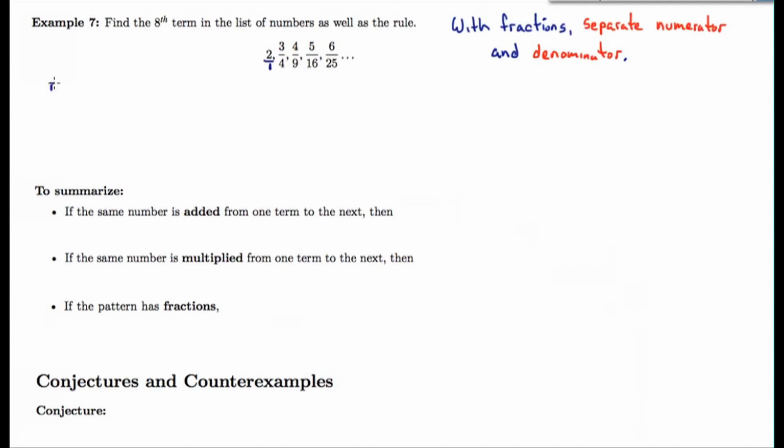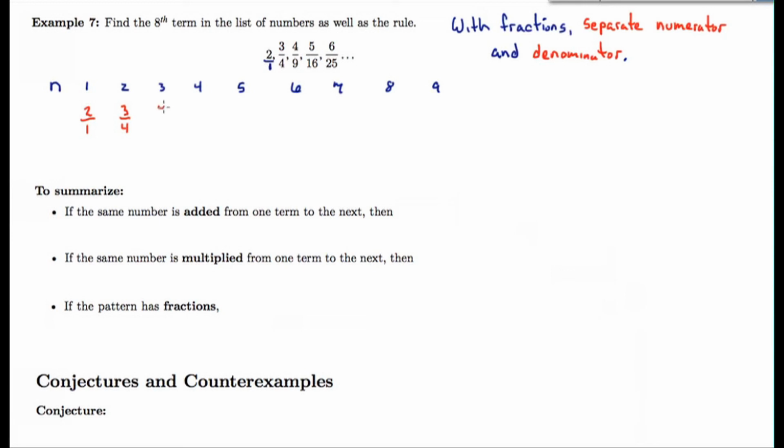So for the first term n, first, second, third, fourth, let's do a couple of these. 5th, 6th, 7th, 8th, let's go up to 9. So what's happening on the first term? We got 2 over 1. And then we get 3 over 4.